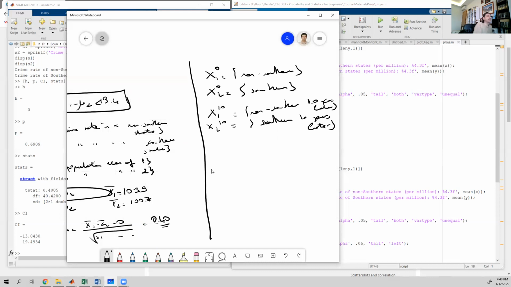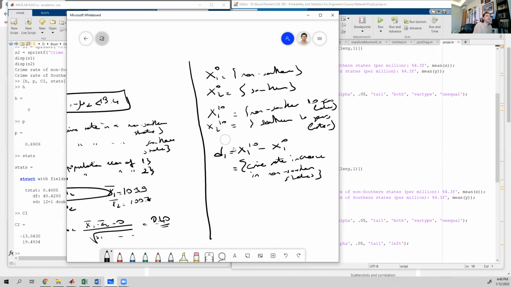So what I do is this. I define a D1. D1 is X1 at 10 minus X1 at 0. So what happened in non-southern states? The crime rate increase in non-southern states.